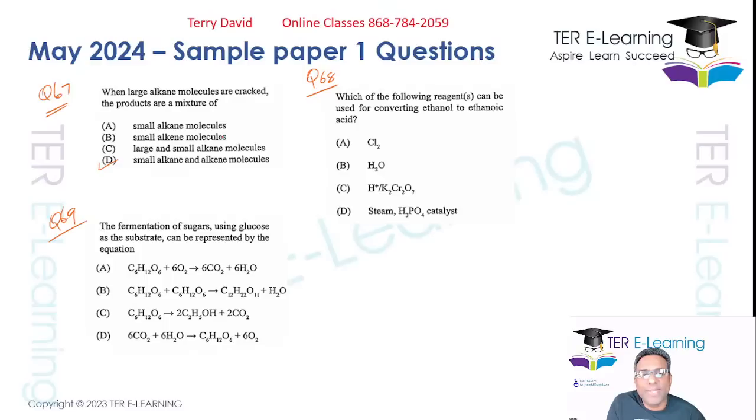Which of the following reagents can be used for converting ethanol to ethanoic acid? So you want to convert ethanol to ethanoic acid. How can we do that? Question 68. We only have a few more questions, guys.